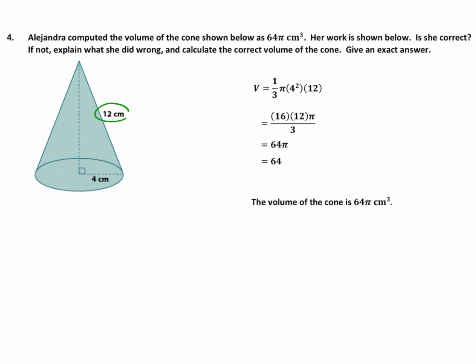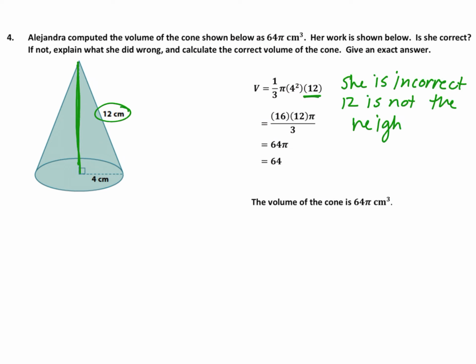So she is incorrect. 12 is not the height. So now we need to calculate the height. 4 squared plus b squared equals 12 squared.